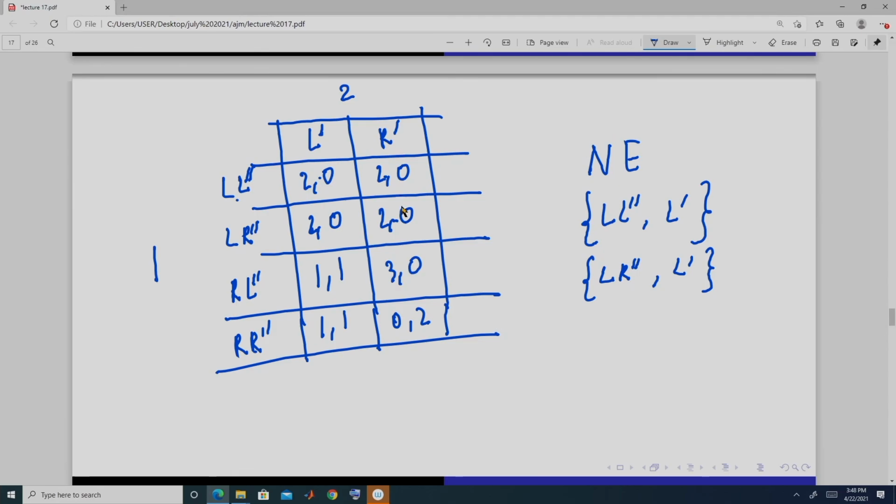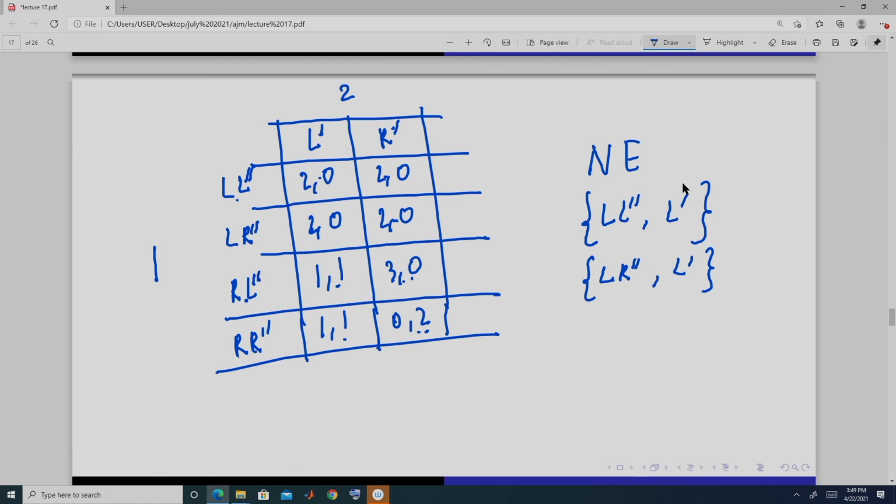If it plays this, player 1 moves here. If it plays this, player 2 is going to switch here. So, this is not a Nash. Again, this is not a Nash equilibrium. If it plays this, player 2 is going to choose this, but if it chooses R dash, player 1 is going to choose R L double dash.